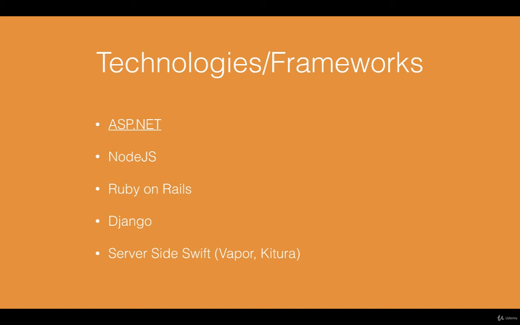Now, all of these technologies and frameworks do exist and many more. The only thing is that you have to know them to implement the server side. If you're using ASP.NET, you have to know C# or VB.NET. If you're using Node.js, then you have to know JavaScript. If you're using Ruby on Rails, then you obviously have to know Ruby. If you're using Django, then you have to know Python to write the server-side code.